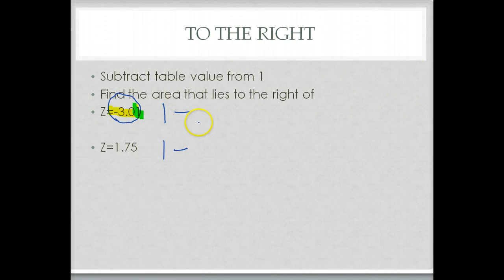Now that's not my answer because I want the area to the right. So I actually have to take a calculator out, which I highly recommend if you're dealing with 4 decimal places, and I want to do my subtraction. 1 minus 0.0013 is 0.9987.